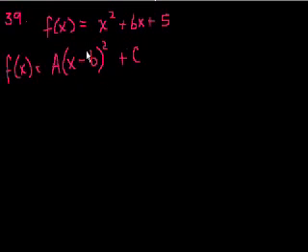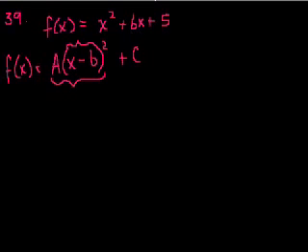Because if you look at this form of a parabola, and you can write any of these in this form, then you say, okay, this term right here is always going to be positive. So the minimum point of this parabola is when this term is equal to 0. And then the minimum point happens when x is equal to b, when this term is equal to 0. Right? And so the vertex becomes b, comma c.